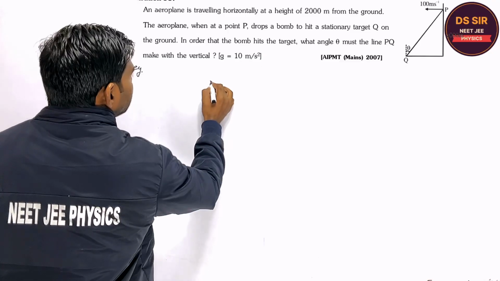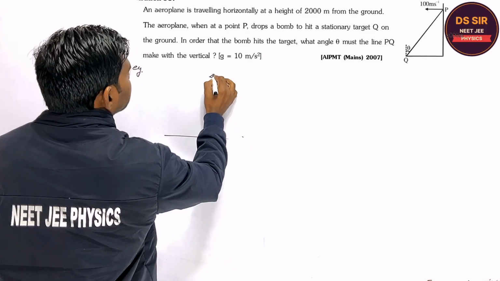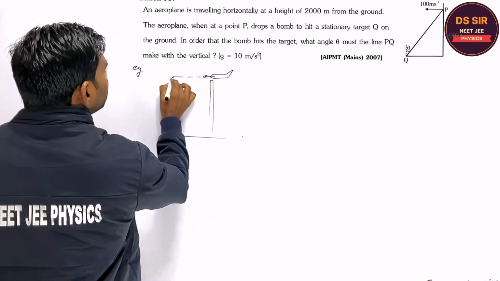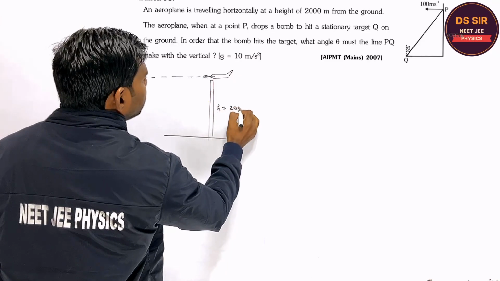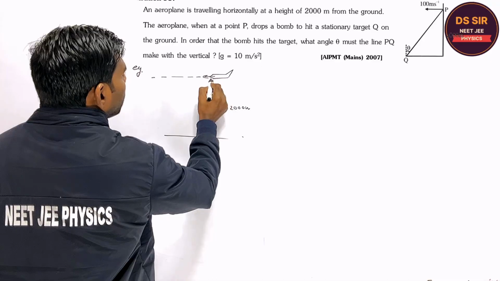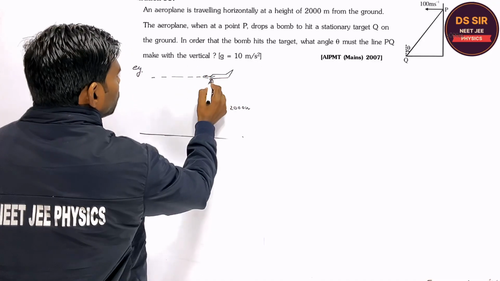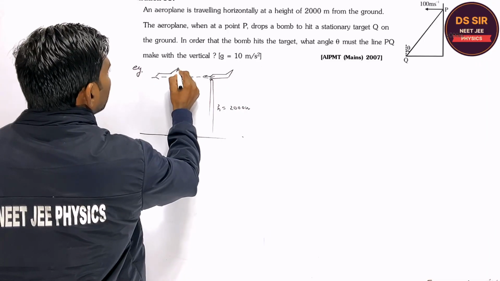Suppose this is the height, and the aeroplane is moving in this way, like this. So it is moving in a straight line. The height is 2000 meters. When the bomb is dropped, the plane will continue to move horizontally, are you getting or not?